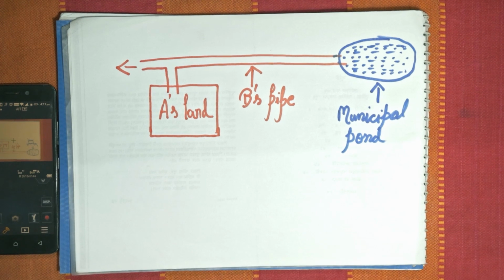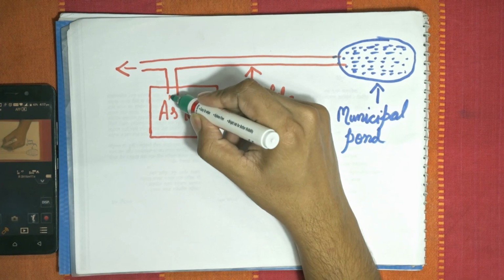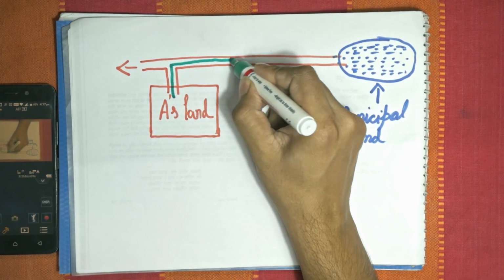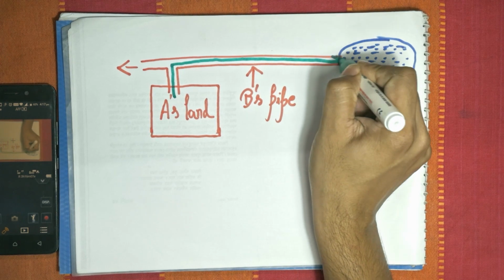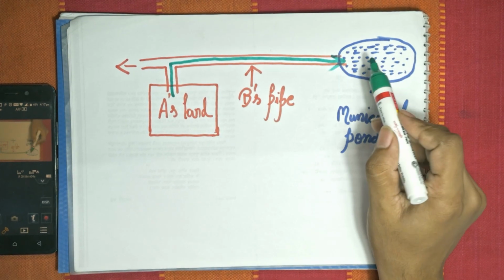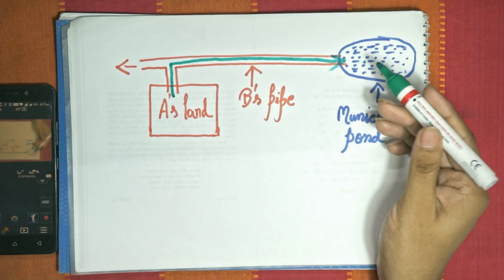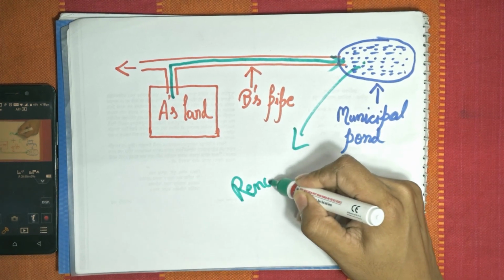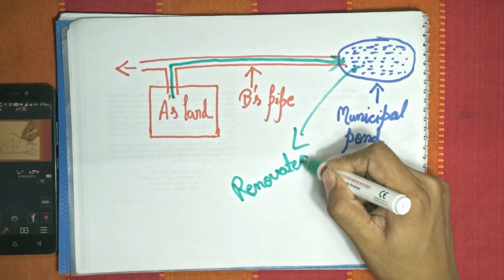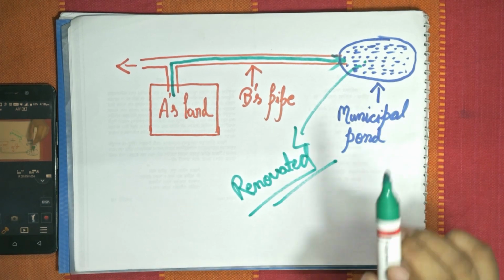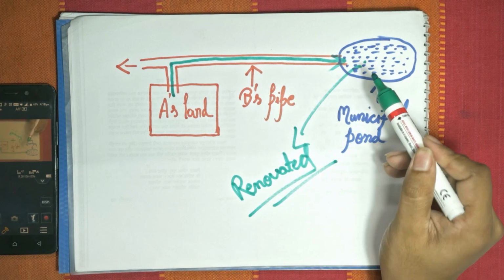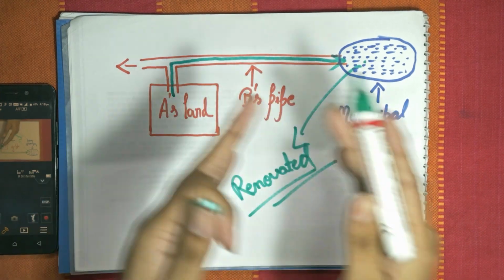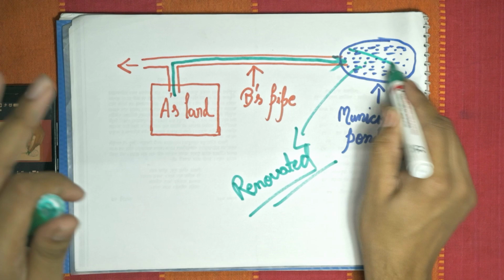For example, let's say A has an easement right of drainage of water through B's pipe. Now, the local pond to which the water drained has been renovated by the municipality, and hence all direct discharges from the households to that pond has been restricted.